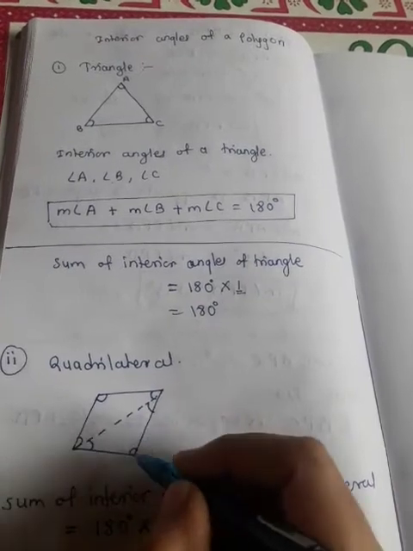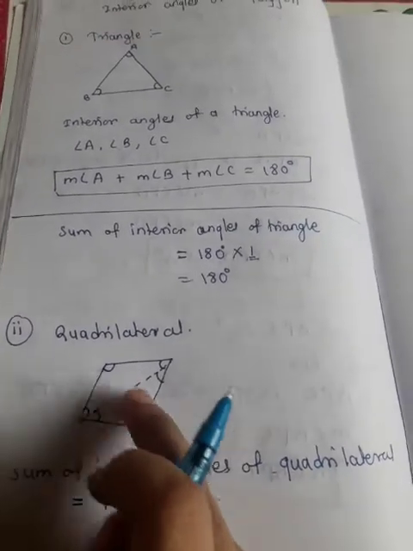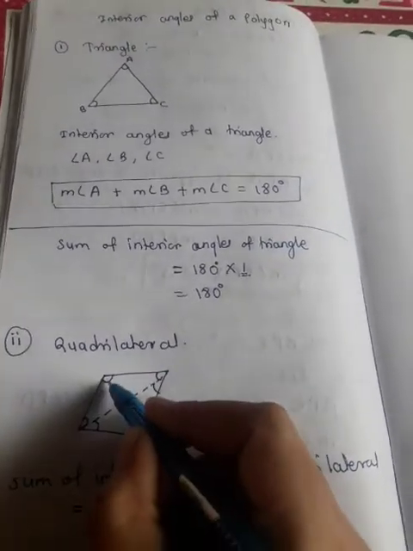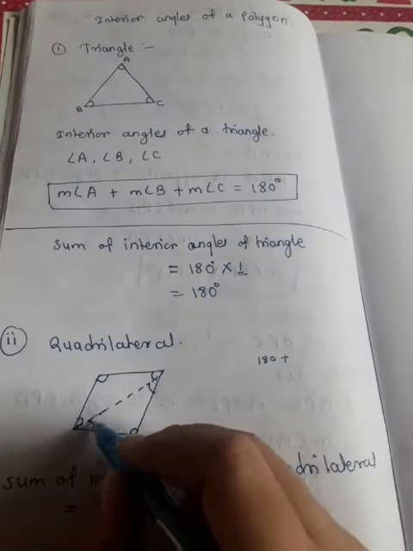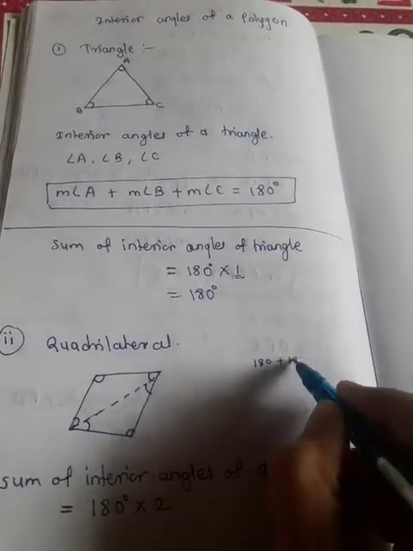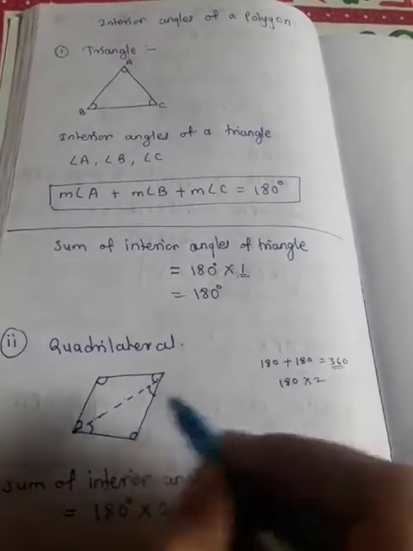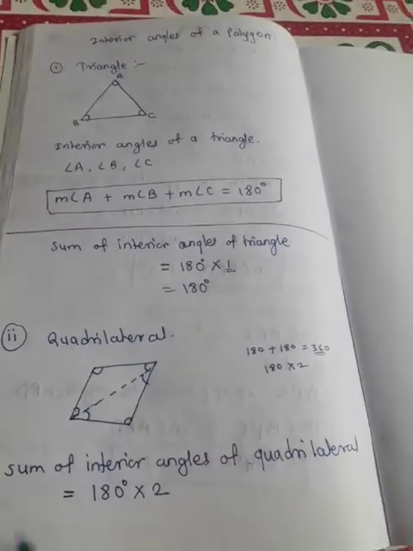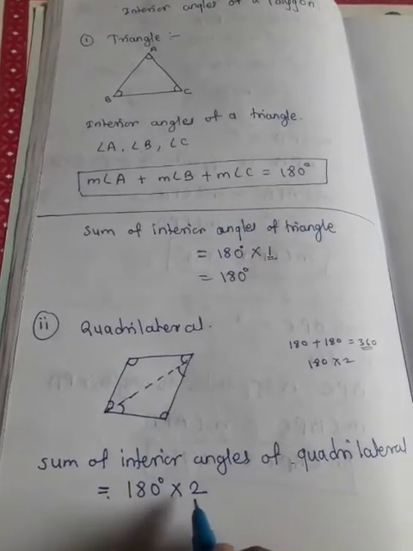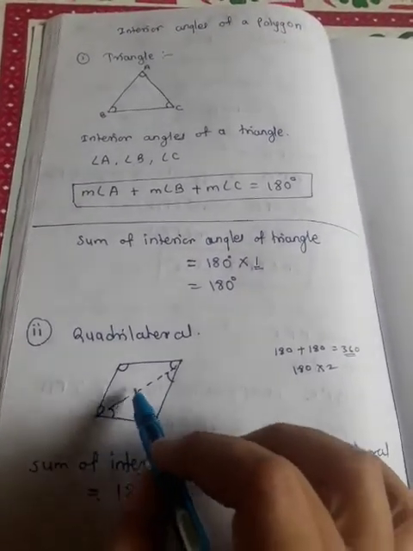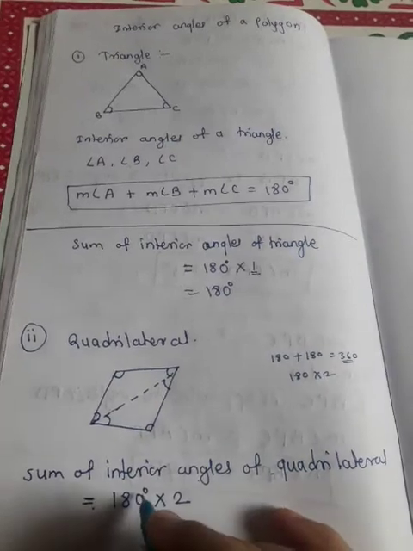So the sum of interior angles of this triangle is 180 plus the sum of interior angles of this triangle is 180, that is equal to 360, or you can write 180 times 2. So 360 is the sum of interior angles of a quadrilateral. Here we have written that the sum of interior angles of a quadrilateral is 180 degrees into 2, since in this quadrilateral there are two triangles.